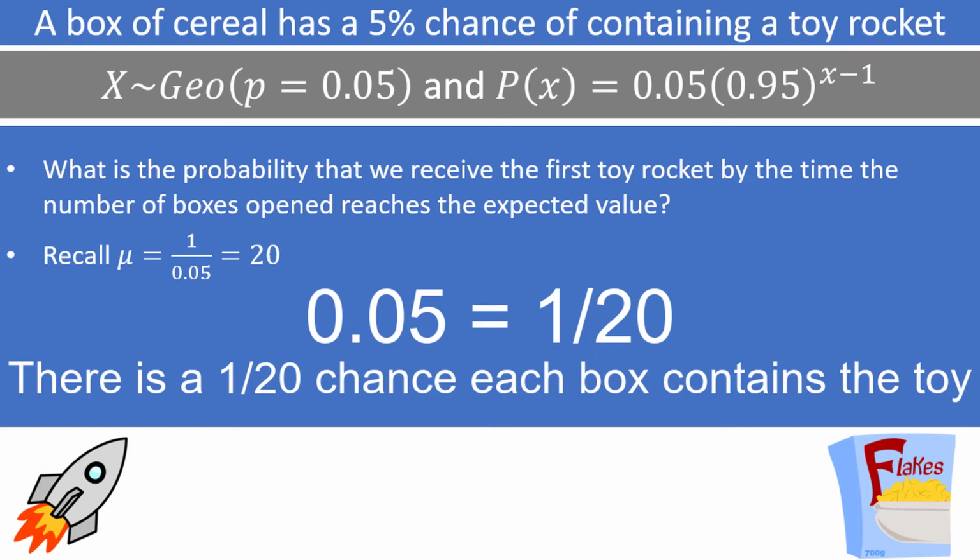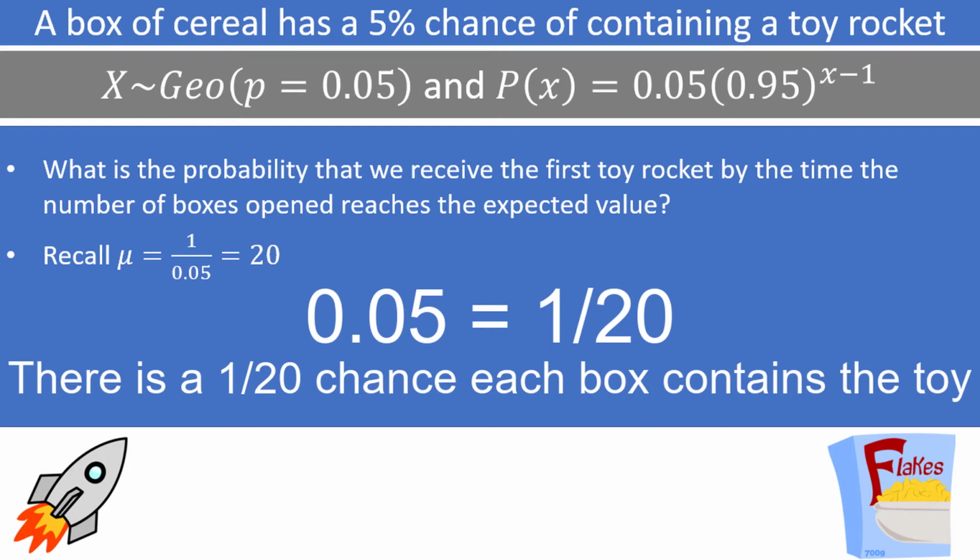If you were to purchase 20 boxes of cereal, you might be tempted to think that there is a 50-50 chance of receiving the toy rocket. But it turns out the odds are in your favor. Your chances of receiving the toy are greater than 50%, typically somewhere in the low to mid 60%, depending on the exact value of p.